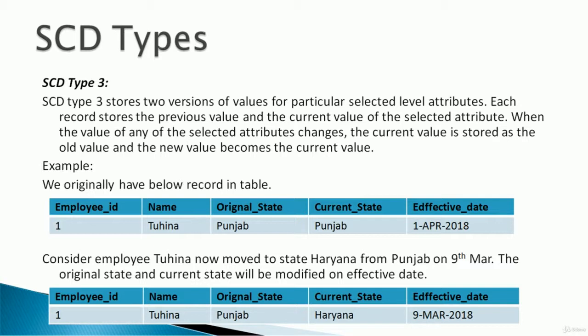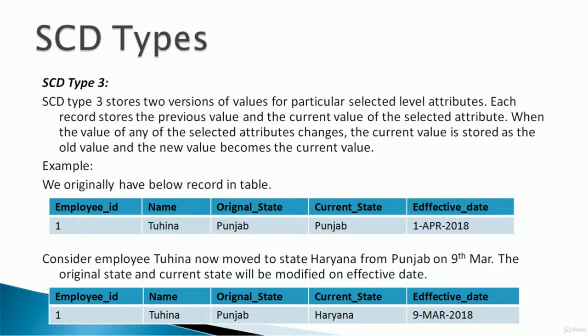Consider employee Tuhina now moved to state Haryana from Punjab on 9th of March. Now the original state would become Punjab and the current state would be the new state, that is Haryana. The original state and current state will be modified on the effective date.